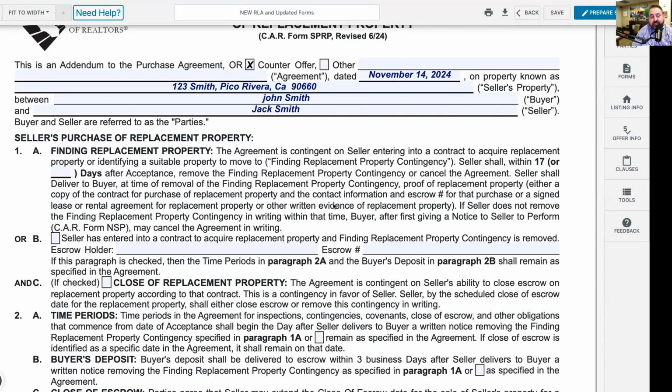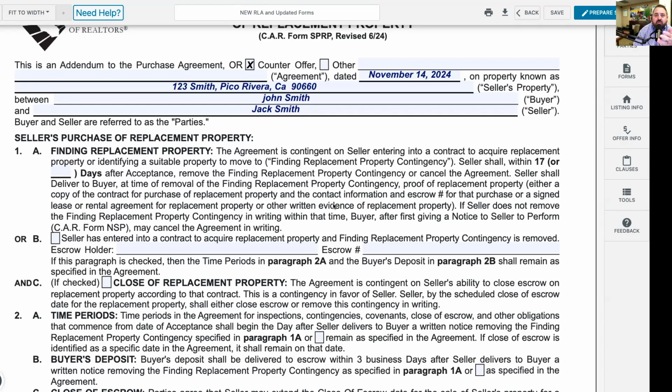And these contingent sales are better, even if the seller finding a replacement property isn't purchasing something, it's renting. If that was what their intent was, make it contingent on them finding the replacement property. Don't close escrow till they have a place to go.